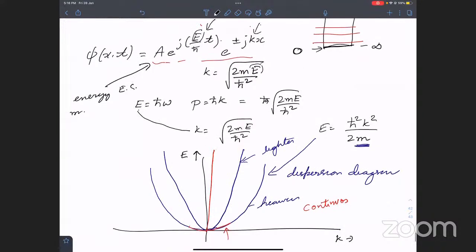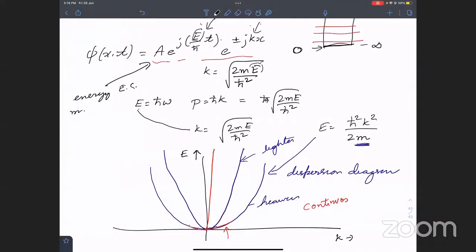Let us say I'm doing some electron emission process, for example. Then we have to conserve momentum, right? Then we look at these kind of diagrams. That is one use for these diagrams. Plus, it tells you how the energy and momentum are changing.